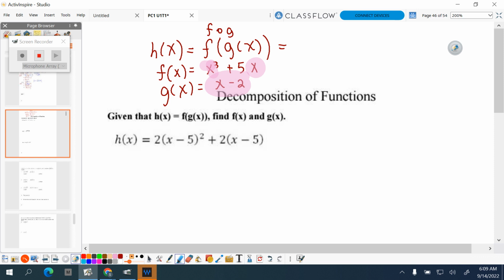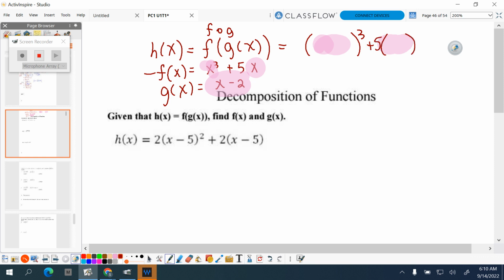So what I'm going to do is make a little place here to show what I'm replacing. I'm going to write g of x in that little pink. I know x is cubed in f of x right here, and then plus 5 times another x.